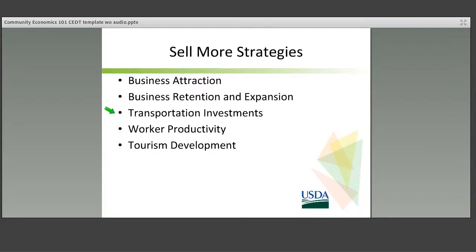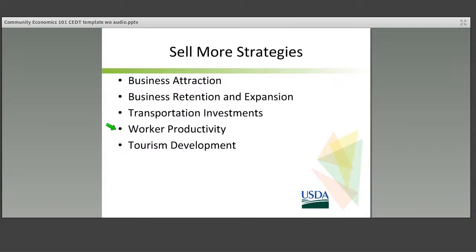Another set of activities might be to invest in transportation and such that you're able to export more or get more people, more customers into your area. And that's obviously something that happens a lot. Worker productivity is another way of dealing with that. Obviously, the more effective a workforce can be, the more efficient that production process becomes, and the more likely it is that that business can compete on the international market, at which many of our communities are now competing not just with the community next door, but internationally for business.